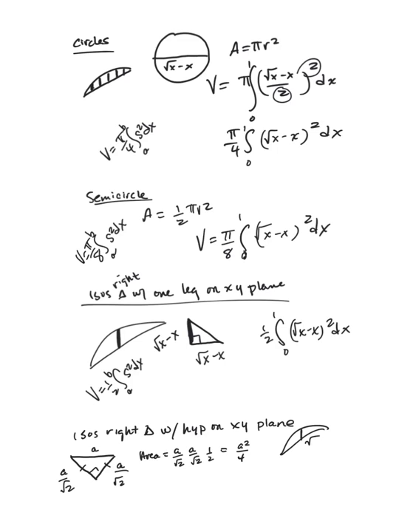And this hypotenuse is rad x minus x. So you end up getting rad x minus x squared. I'm going to factor out the 1/4 from 0 to 1 dx. So in general, when you see hypotenuse on the xy plane, it's 1/4 the integral from a to b s squared dx.